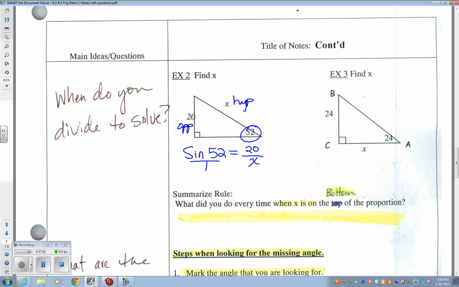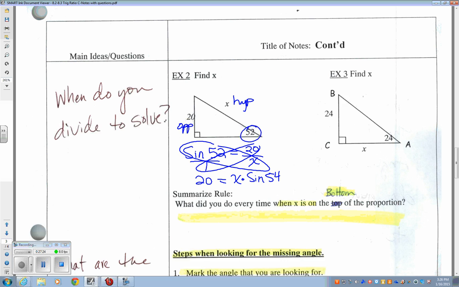Now, notice where x is now. At the bottom, okay? Are we going to multiply here? Guess what's going to happen? We're going to divide. I'm going to show you the cross product. If you cross multiply here, 1 times 20 is 20. And then the sine of 52 times x would be x times the sine of 52, right?